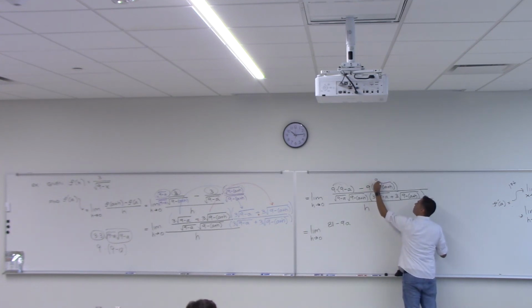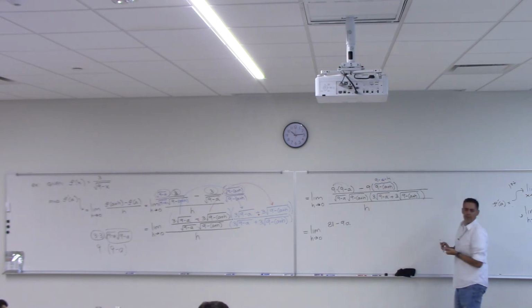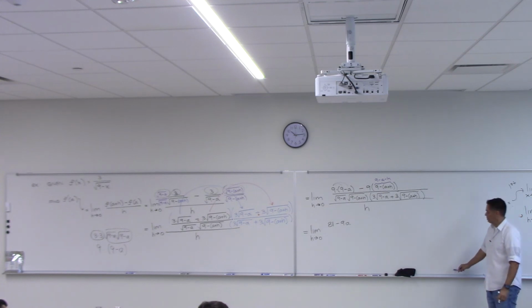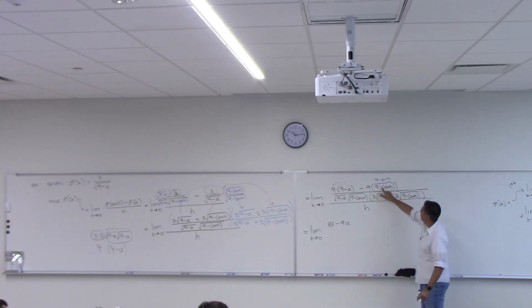Isn't this 9 minus a minus h? Isn't that what that really is in there, when you distribute that little minus through the a plus h? Minus a minus h. And now hit everything with a negative 9. This negative 9, hit it through. And what happens?